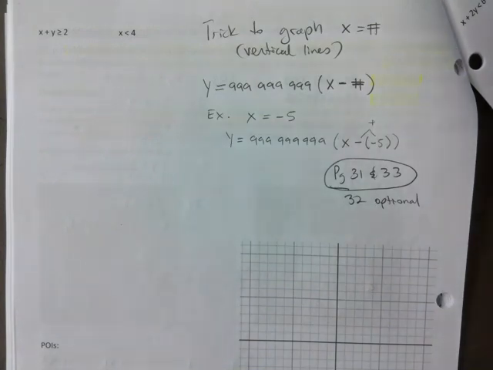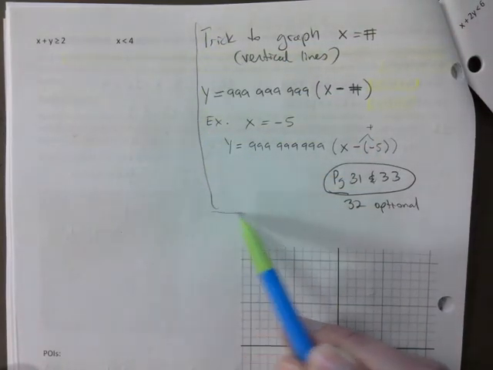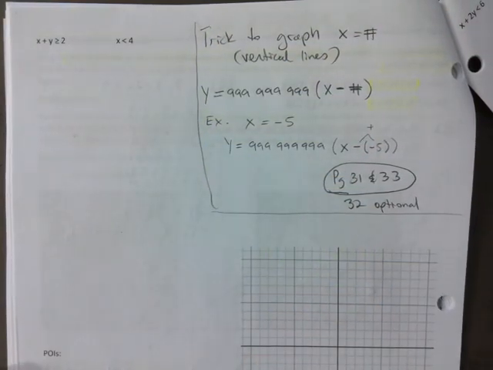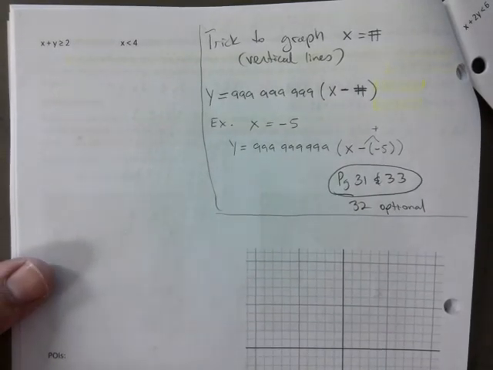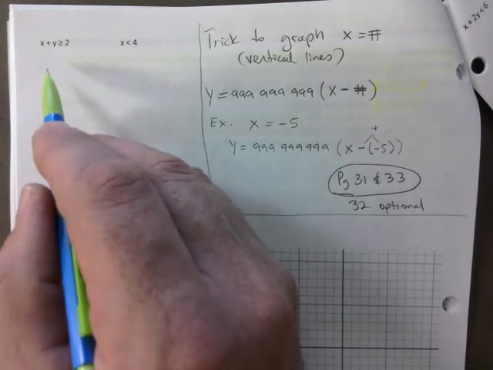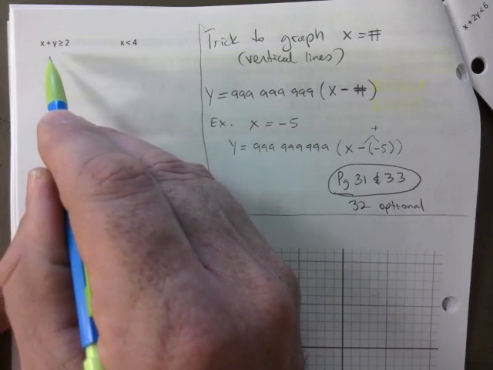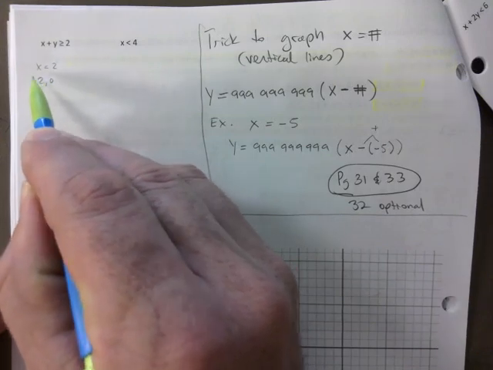All right. So for 31, I did tell you the trick for graphing vertical lines. Make sure you have that on your study sheet, because you just have to have it somewhere if you want to remember. When you're trying to graph, just make sure you find your intercepts. This would be x is equal to 2, (2, 0).